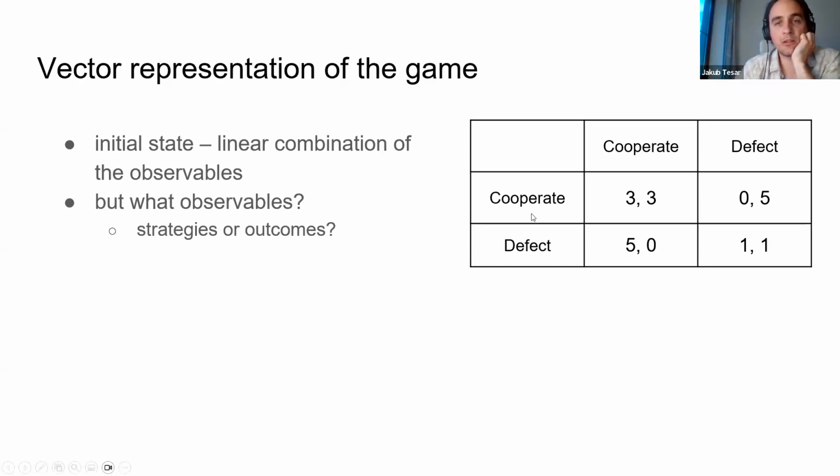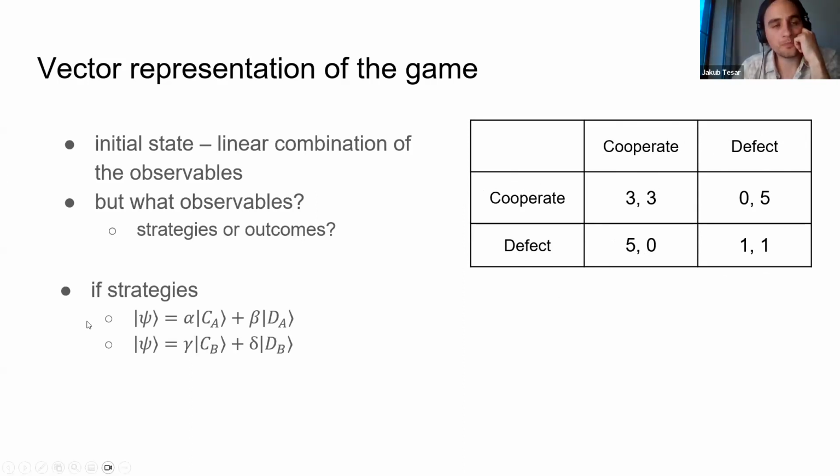So once again, the strategies are cooperate or defect for player A, or cooperate or defect for player B, and the outcomes are, for example, mutual cooperation, mutual defection, defection of player A and cooperation of player B, or defection of player B and cooperation of player A. And if we introduce this idea, then if you think of the observables as strategies, we can observe what is the strategy of player A and what is the strategy of player B. We may write the initial vector as the linear combination, in this particular basis, of strategies of player A, or either as the linear combination of vectors that represent the strategies of player B.